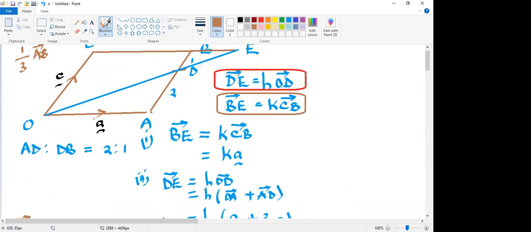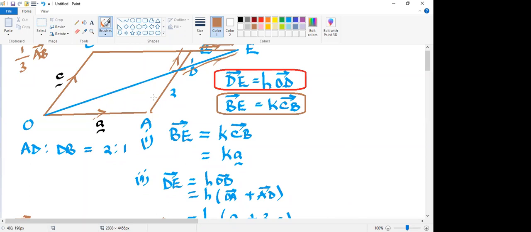What is from D to E? It is the same as from D to B, and then from B to E. That is what we quoted then. And I think you can always get that.